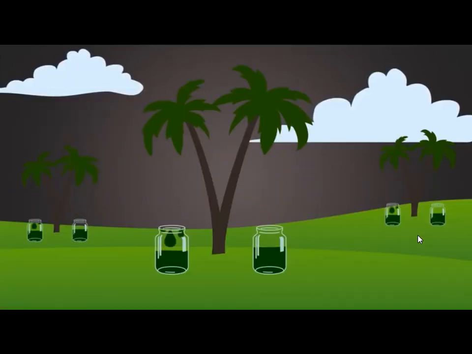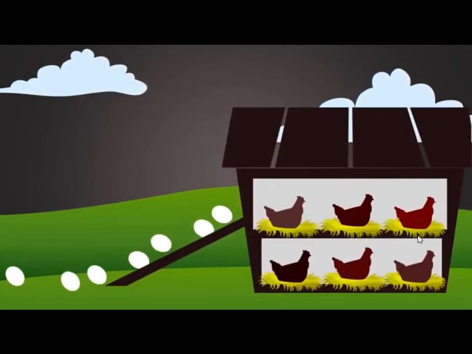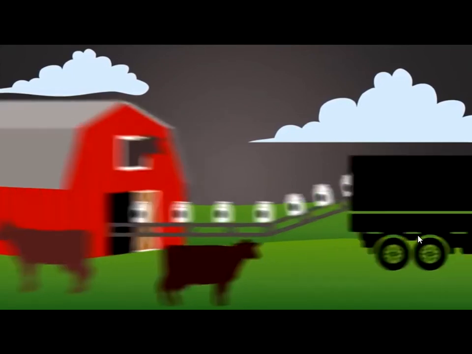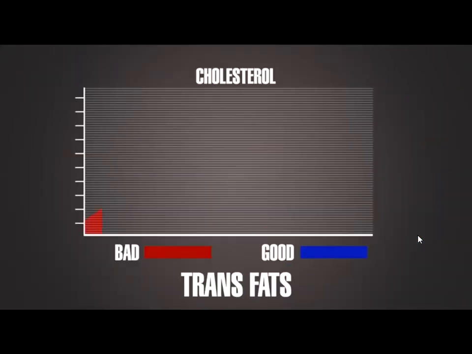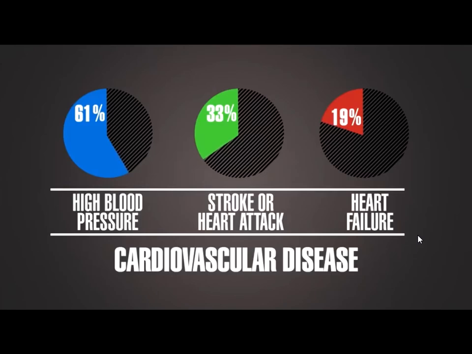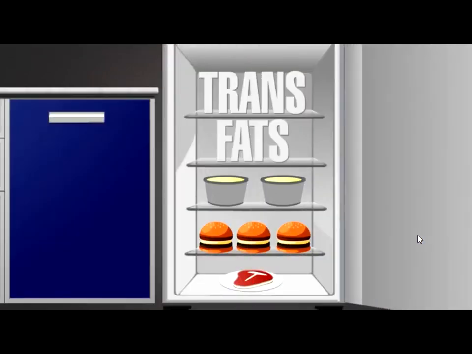Saturated fat is found in things such as palm oil, eggs, milk, and meat. Then there's trans fat. Not only does trans fat increase a person's total cholesterol level, but it actually lowers the so-called good HDL cholesterol levels too. And it can increase your risk of cardiovascular disease.